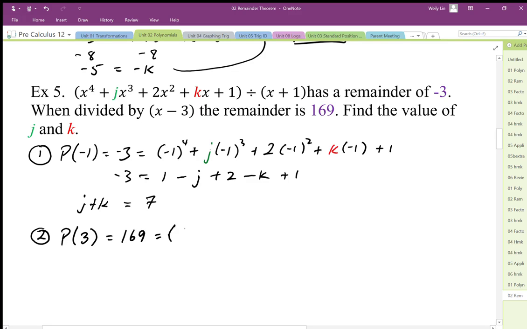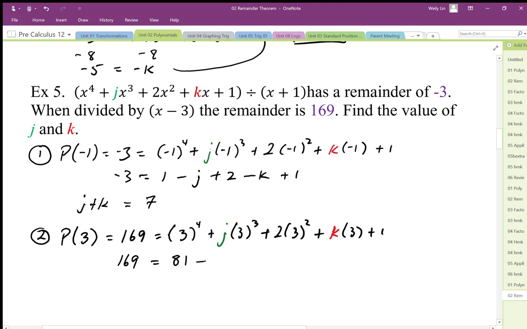And then I can just plug in my 3. 3 to the power of 4 plus j times 3 cubed plus 2 times 3 squared plus k times 3 plus 1.